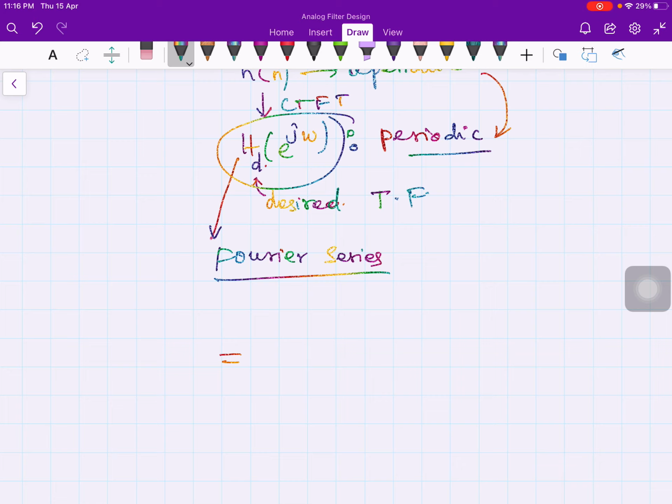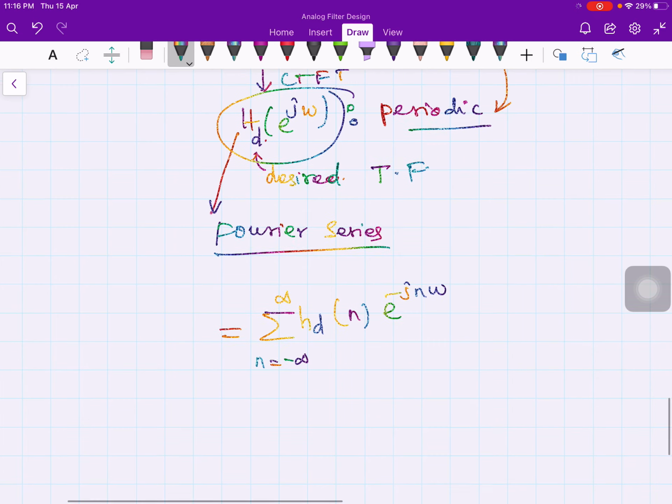This is going to be the summation of hd of n e to the minus j n omega, with n from minus infinity to plus infinity.